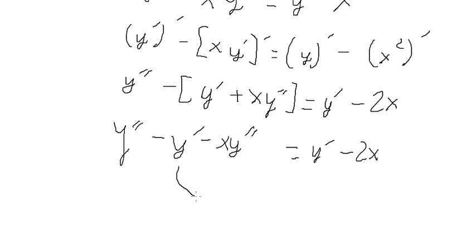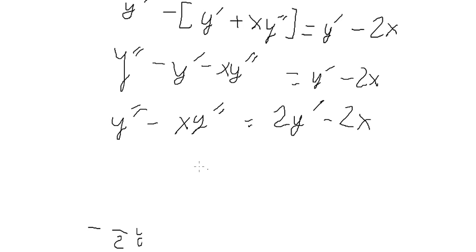So we put negative first derivative of y here. And we have 2 times the first derivative of y minus 2x. We have the second derivative. We can do factorization.